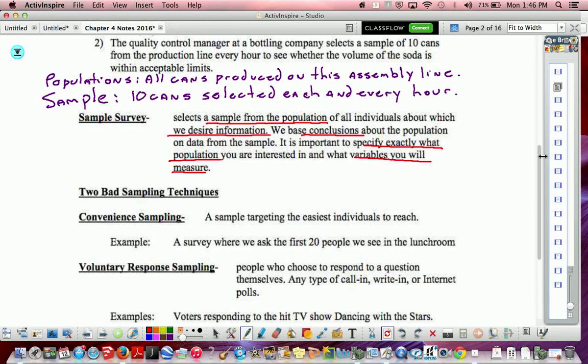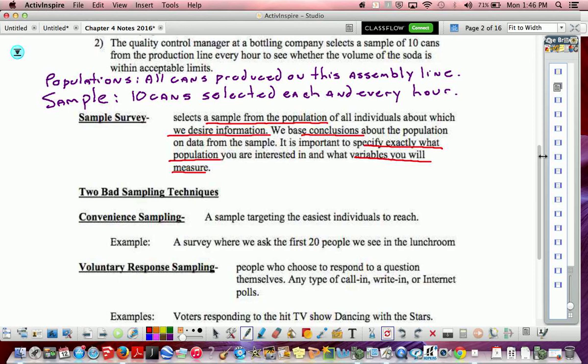Because if it has too much salt, people are going to call and complain and want their money back. If they're not salty enough, same reasoning. So they want to make sure that the salt content levels are within a specific interval. Okay? So they make their judgment based off of that sample. They'll sample it and say, all right, that last batch of potato chips, those last hours, should be good to go based on salt content.